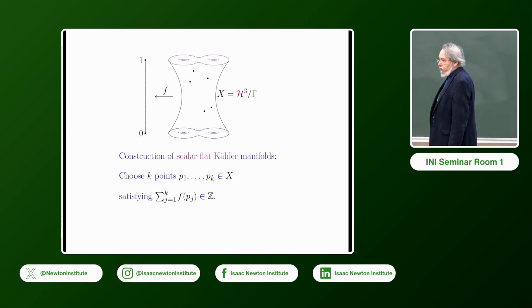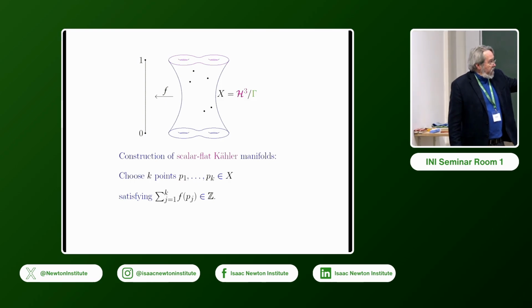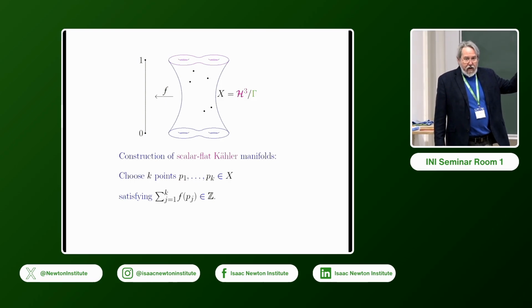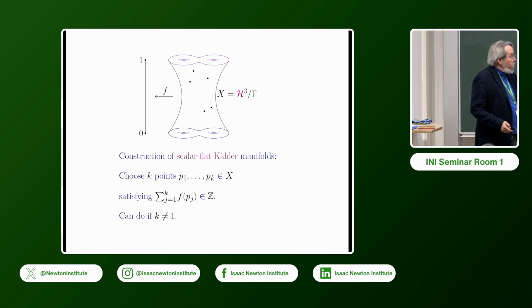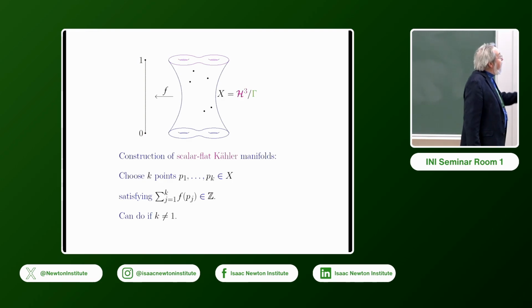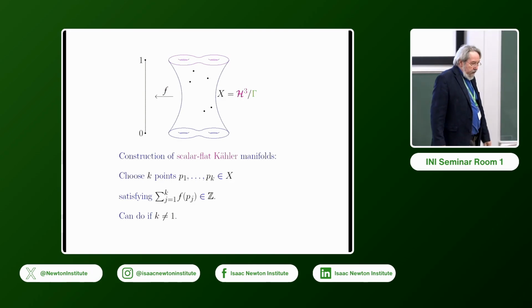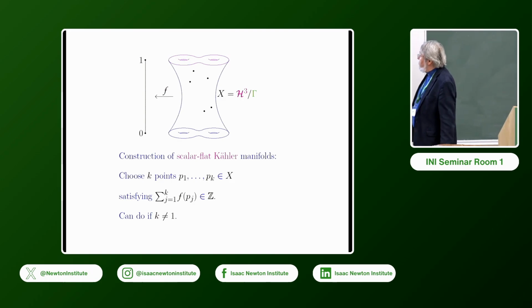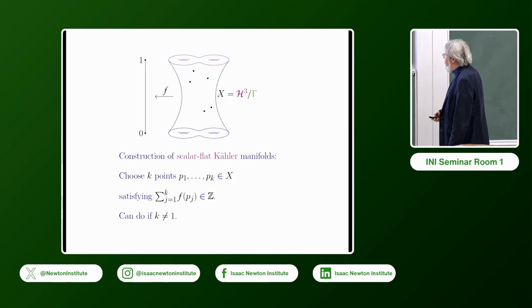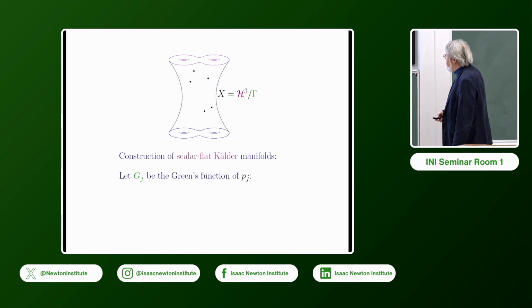For example, if you only have one point, you can't do it. But if you have at least 2, you could certainly find 2 points where the values of this function add up to 1. And in fact, you can do this as long as you have either 0 points or 2 or more points.